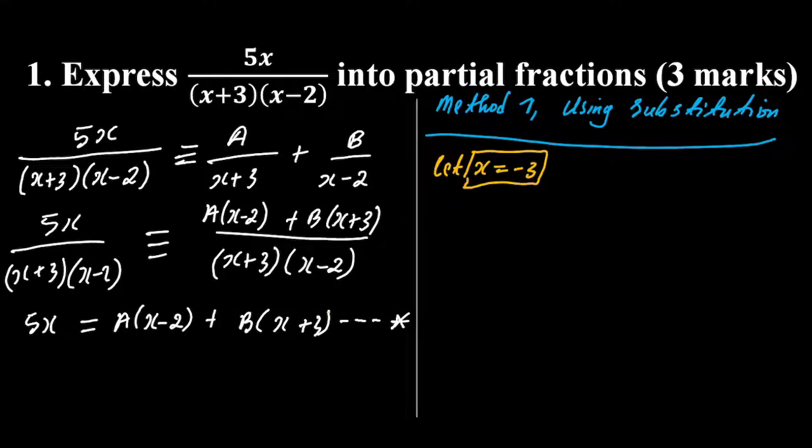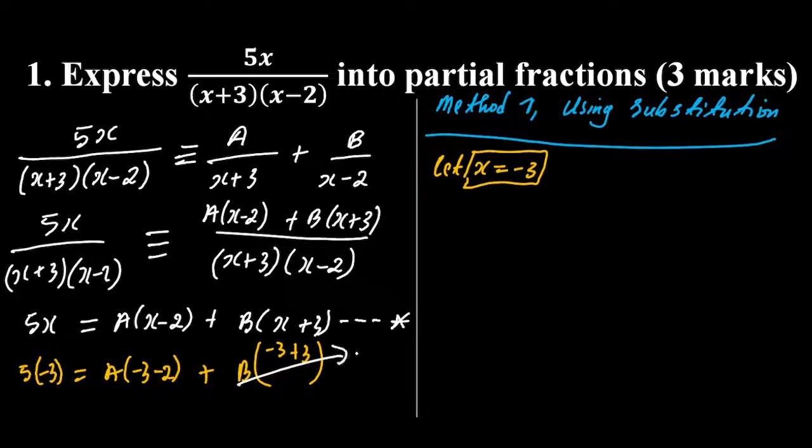If we let x to be minus 3 in equation star, we notice that minus 3 plus 3 here is going to give us 0. We're going to have 5 into minus 3 to be equal to a into minus 3 minus 2 plus b into minus 3 plus 3. What are we going to notice? This is going to give us 0.